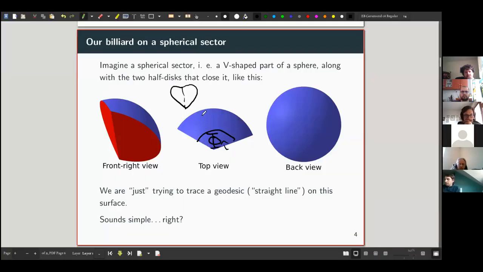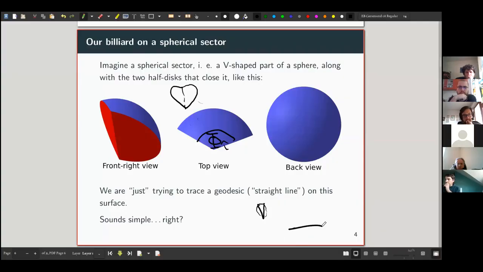So this is essentially a non-existent sector. It's just two parts of the disk very close together with some little angle here. And it goes progressively towards the hemisphere. So just something like this. And the color key is the same.